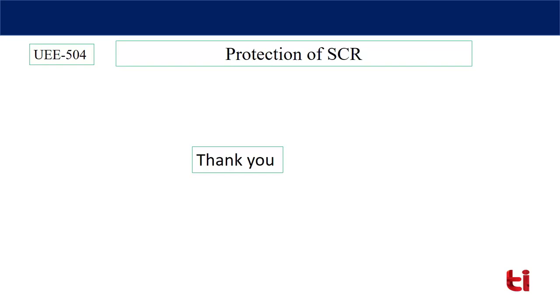Then an approximate method we have selected to find the value of R and L. Then based on the modified value of R and C, we have found out the value of the inductor. Like this we can find all snubber parameters across the SCR, and it will work fine in your practical setup.